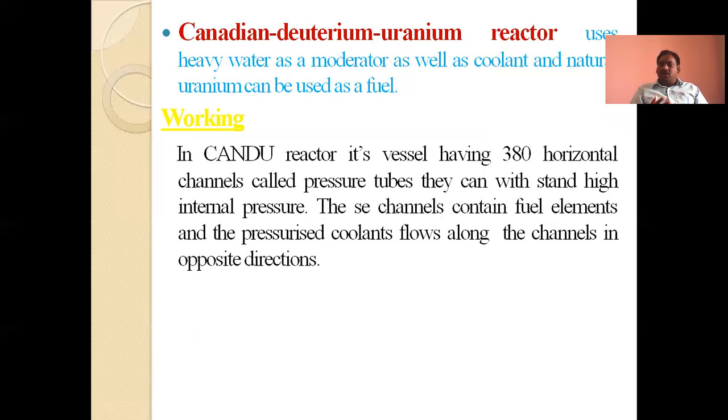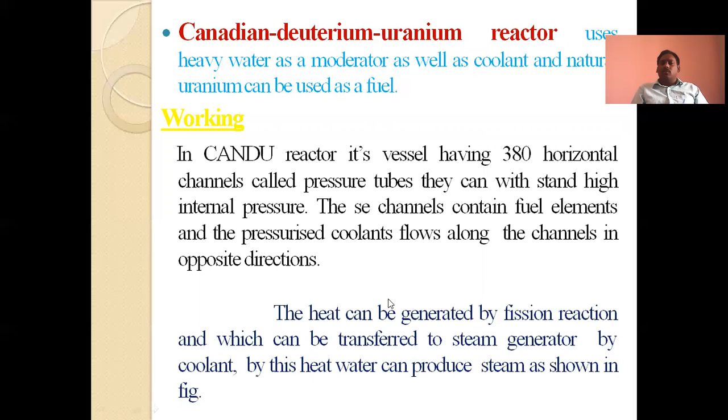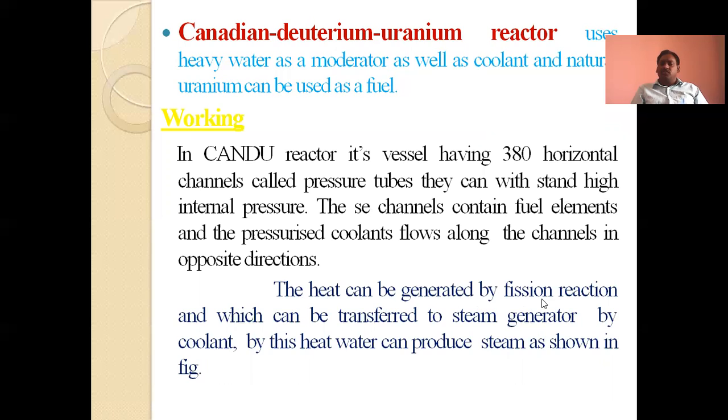When this natural uranium undergoes nuclear fission, heat is produced. That heat is carried by the coolant and transferred to the steam generator or heat exchanger. The coolant is heavy water. When it is subjected to the water, steam is produced in the steam generator. This is the working of the CANDU reactor.